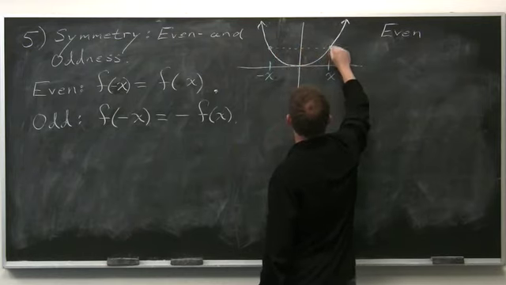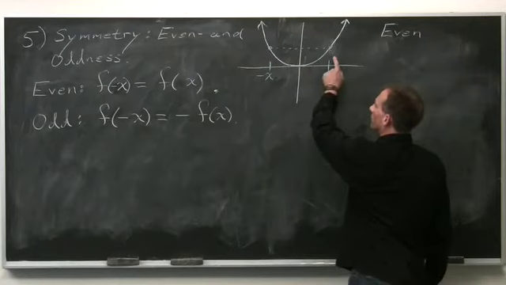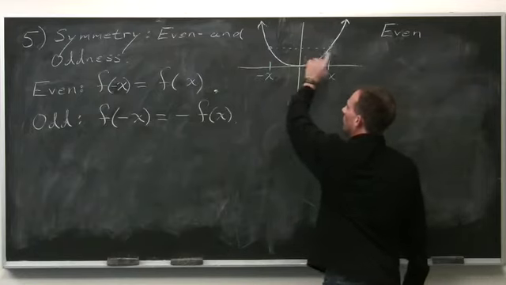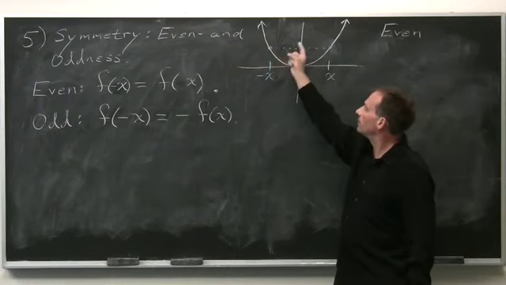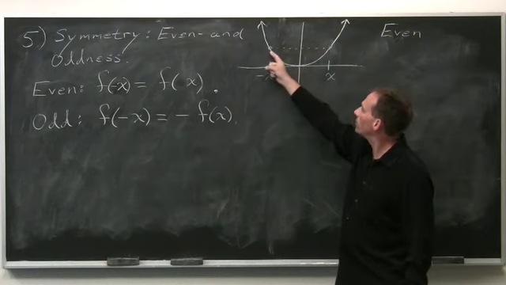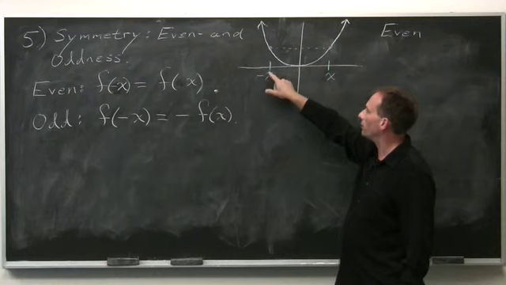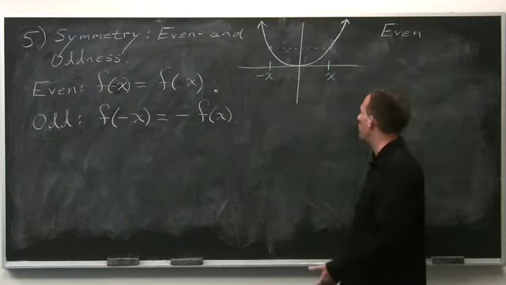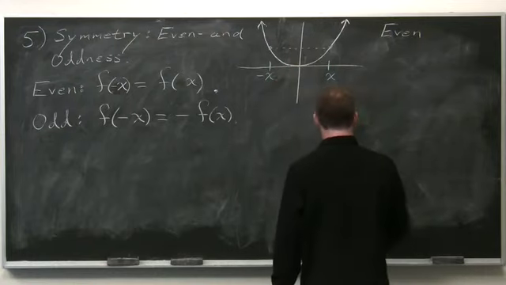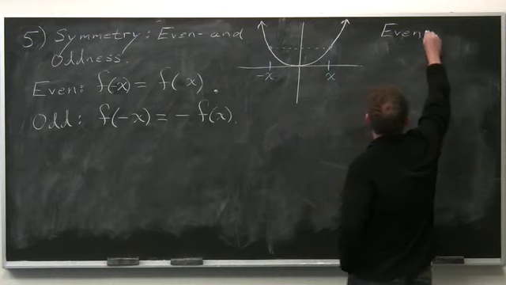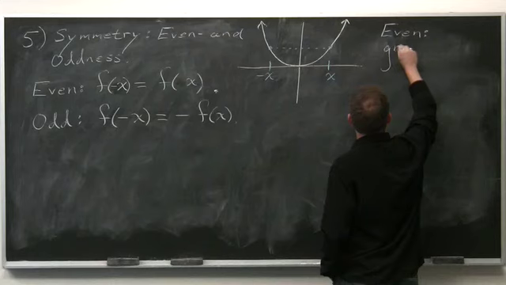So if you have a point over here where x is positive on the graph, and you pass through the y-axis and go out the same distance along this horizontal line to the other side of the y-axis, that corresponding point should be a point on the graph. The one that's negative x should have the same y-coordinate. This means that if you flip your graph around the y-axis, you get the same thing. People say this is even. The graph is symmetric about the y-axis.